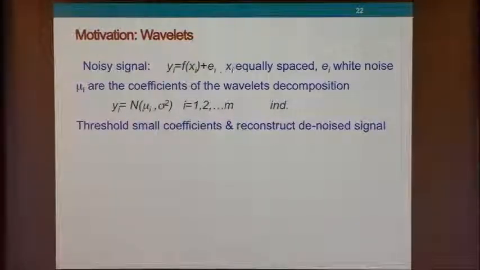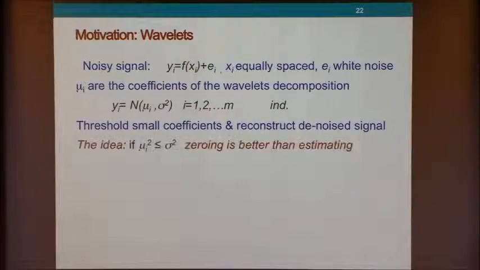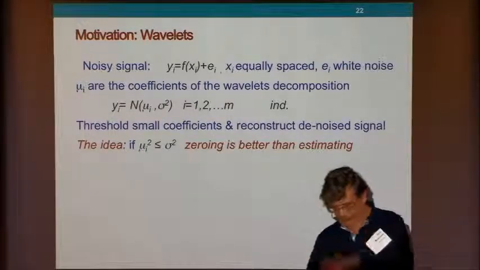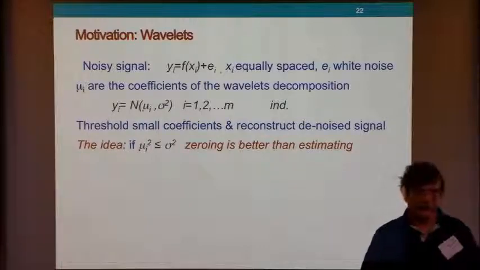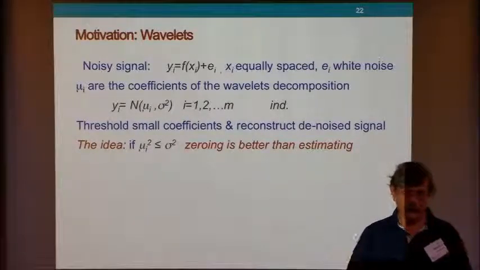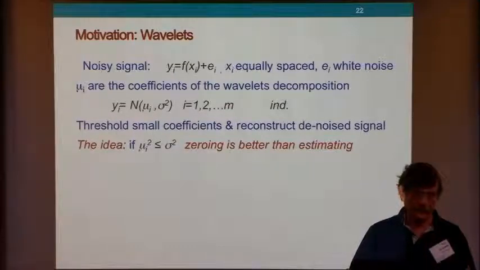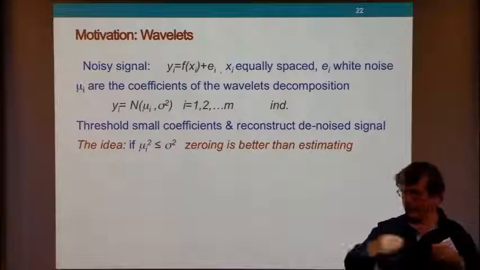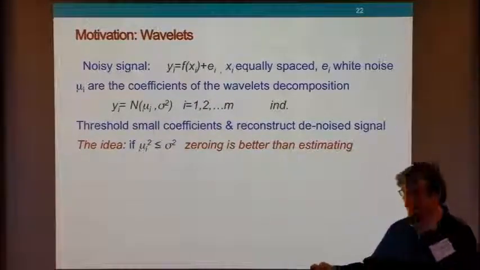And it is known that you can threshold small coefficients and reconstruct the denoised signal from that. The idea is you transform to the wavelets, you look at the coefficients, the estimated small ones you set to 0, you keep the big ones, and then you transform back to the original domain, and you get a denoised function.